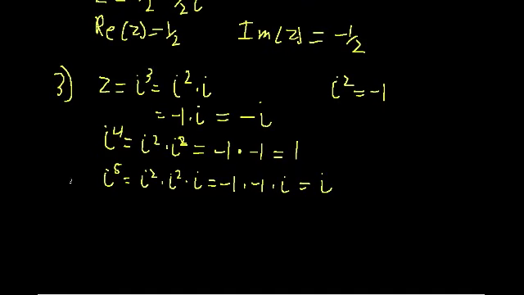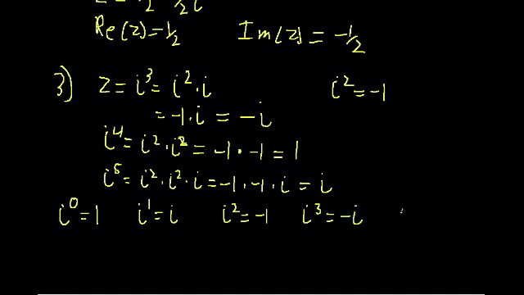And let's just write that out. We can immediately start off by saying that i to the 0 power is just 1, because anything raised to the 0 power is just 1. i to the first power is just i. It's fairly obvious. We know that i squared is negative 1. We just found out that i cubed is equal to negative i. i to the fourth is equal to 1. i to the fifth is equal to i.